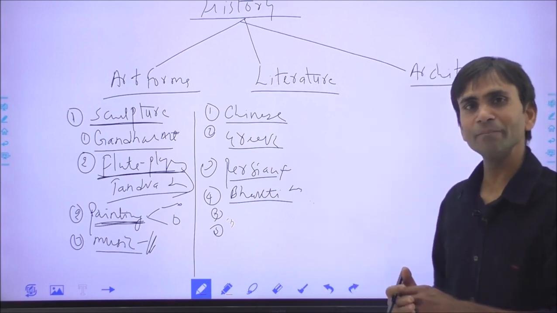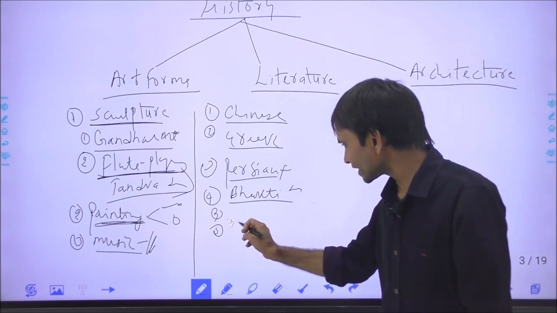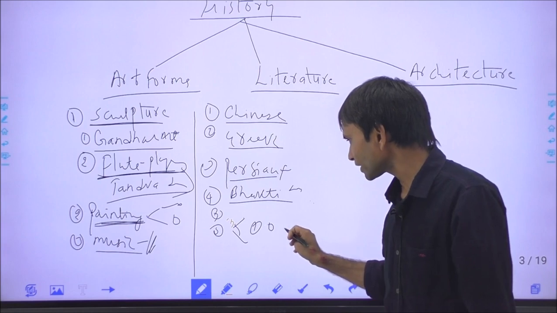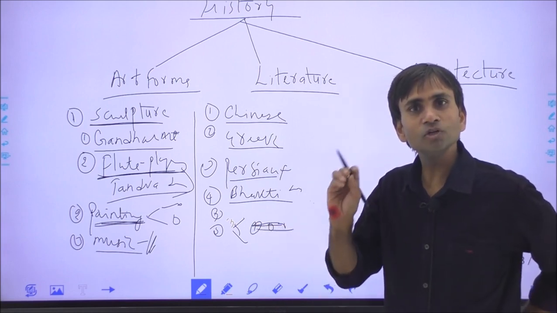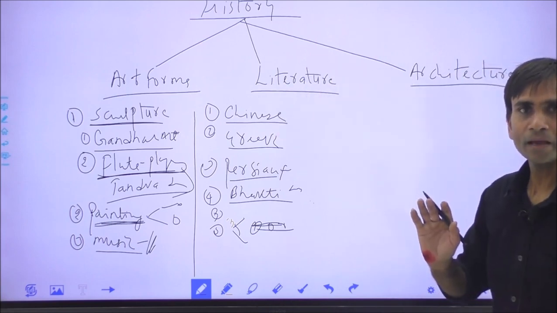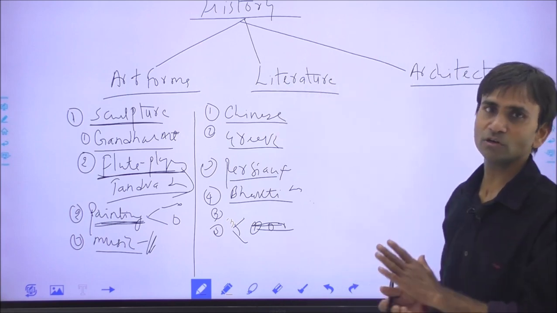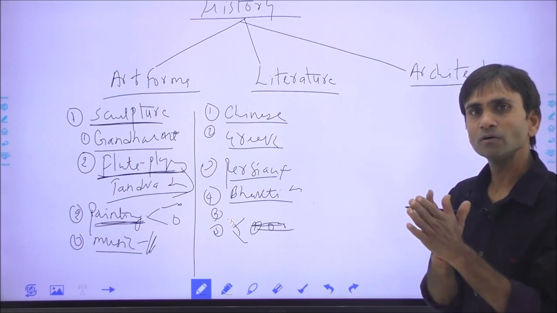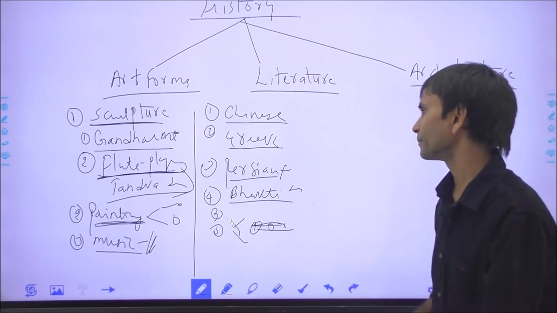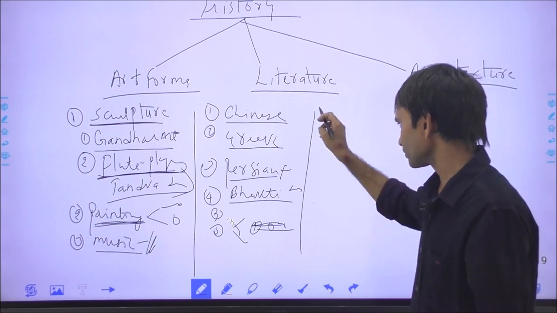We have to study it in detail, because UPSC can ask a question at any time. And during the British or modern phase, what kind of literature was introduced by British officials at that time? So there are some aspects of literature.